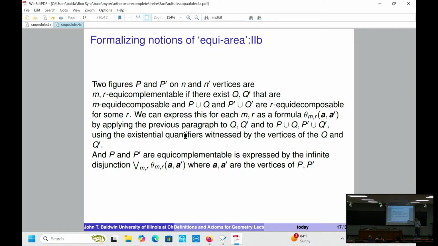And so I can write all this down, and for any particular M and R, I can write down a first order formula. But saying you're equidecomposable means you take your little A bar and A bar prime that define the first one, and somewhere in the infinite disjunction over the M's and R's, you get a solution.